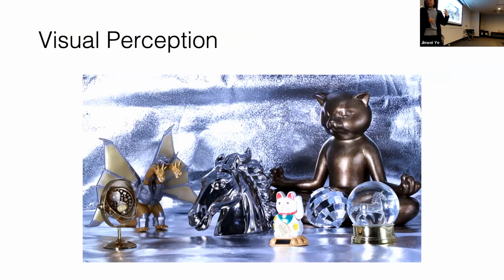The camera records the intensity of light at 3 different wavelengths: red, green, and blue. That gives us a representation of the scene in the form of color images, like this example that I'm showing here.